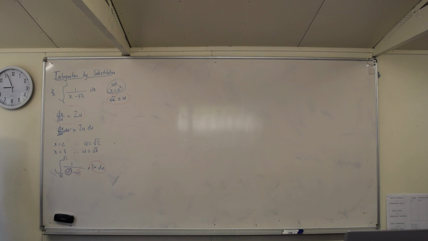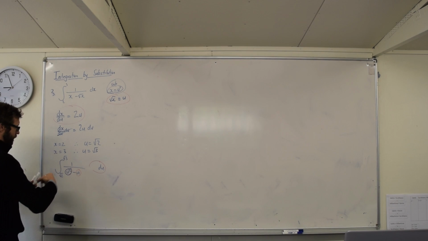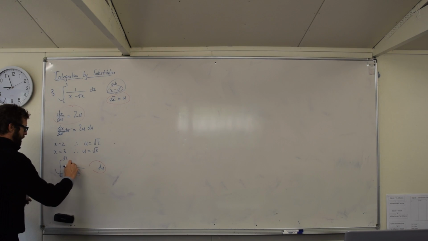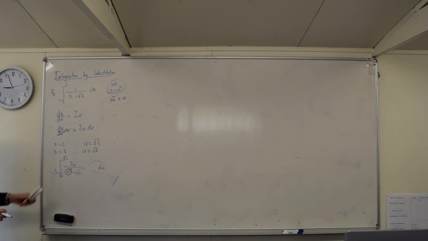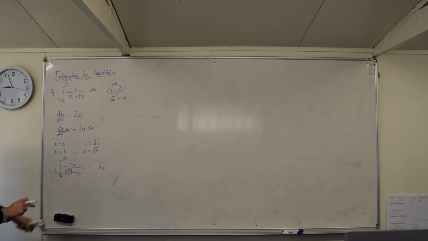All good? Okay, so we could simplify this down further, couldn't we, by putting this on top, because we're multiplying, so this 2u is simply going to be on the top of this equation here. And perhaps we could factorize the bottom there, couldn't we?